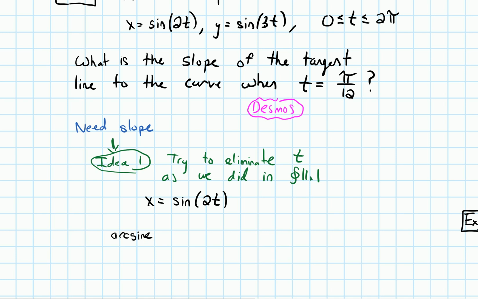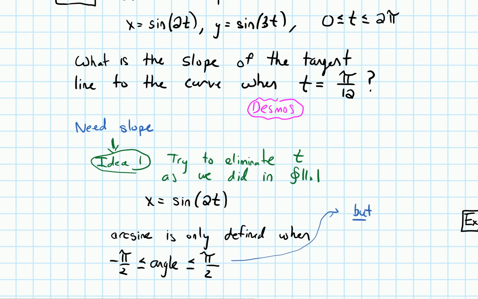And arcsine is only defined when the angle inside the arcsine function is between negative pi over 2 and positive pi over 2. The problem we run into is that because t is between 0 and 2 pi, the angle 2t is going to be between 0 and 4 pi, and that lies outside of the interval on which arcsine is allowed.